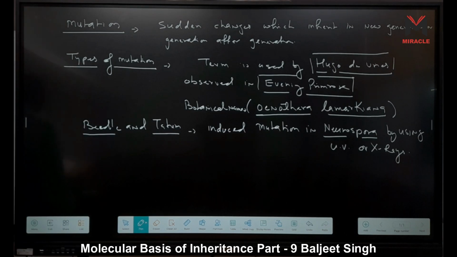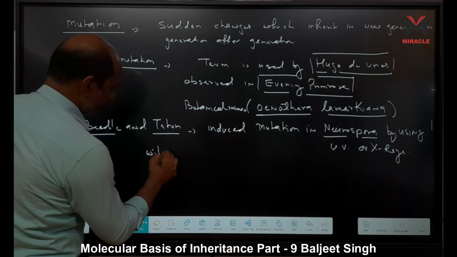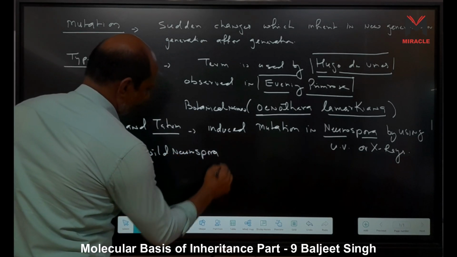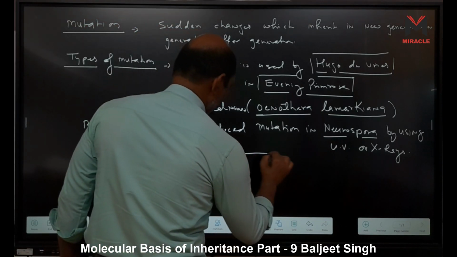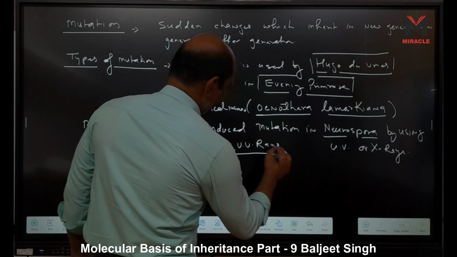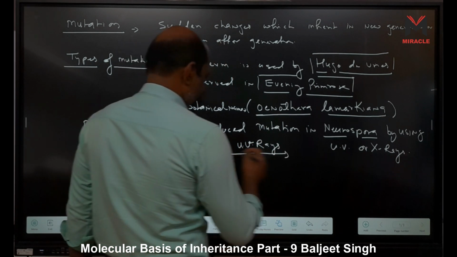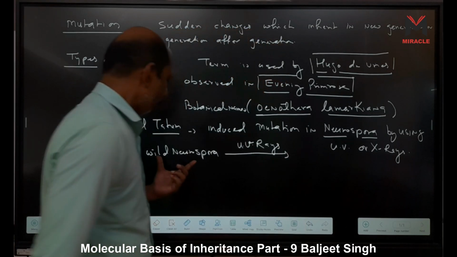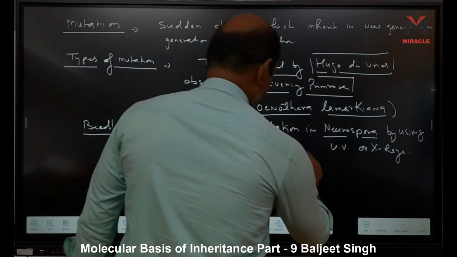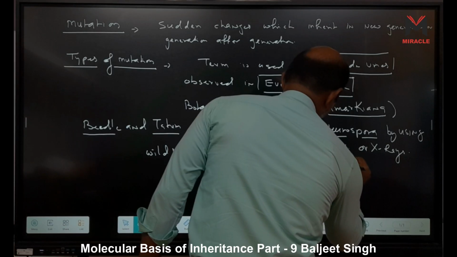As for example, here we have the wild, natural Neurospora. After mutation using ultraviolet rays, it becomes mutant Neurospora.